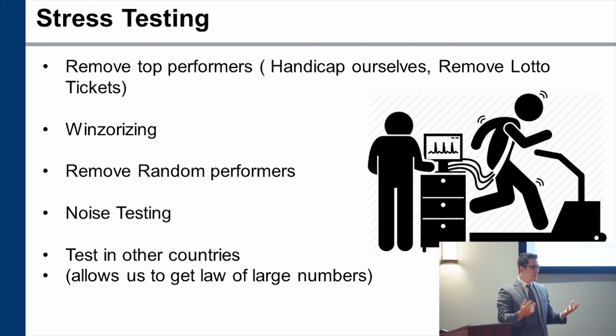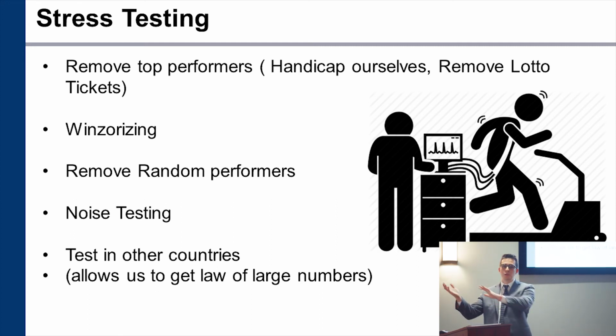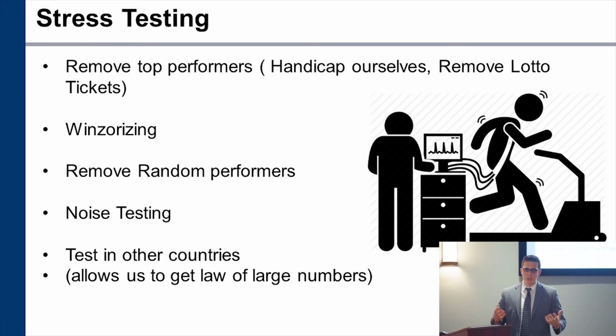So whatever the market can think of, we're ready for it, we've simulated for it, and if our strategy holds up in all these infinite new universes, then we can be confident that it's ready to go live. The other thing we can do to get that law of large numbers is take our model and test it, not invest it, just test it on other countries' stocks. That just gives us more data to play with, to make sure that whatever we think is predictive is predictive everywhere on a large sample, so we can be confident in it.